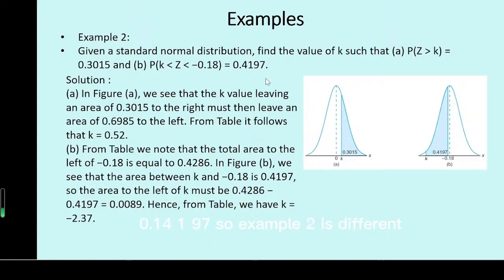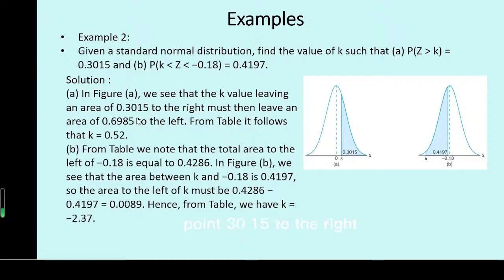So example 2 is different from example 1. Actually, it's the opposite case. We want to find the k value, the random value, from the given probability.